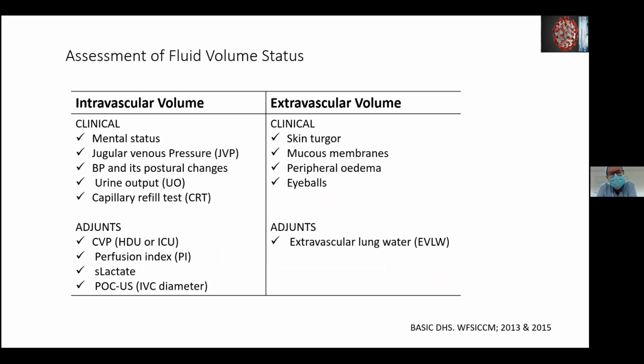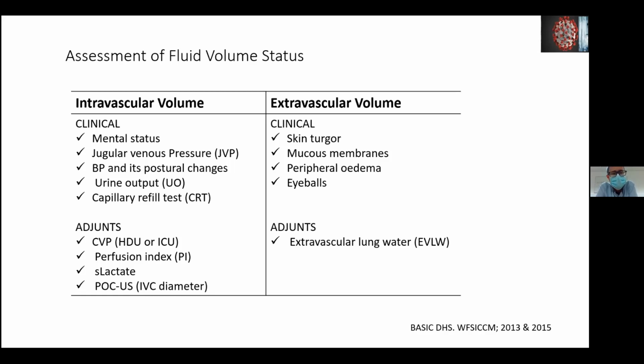First of all, we need to know how we can determine, clinically and using some adjuncts, the volume status of the patient, intravascularly and extravascularly. Intravascular volume you can assess clinically through the mental status, jugular venous pressure, the BP and its postural change, urine output, and capillary refill test.